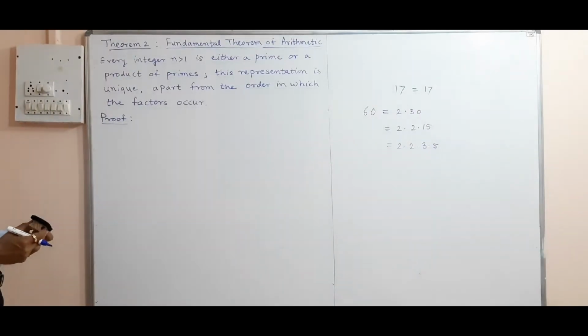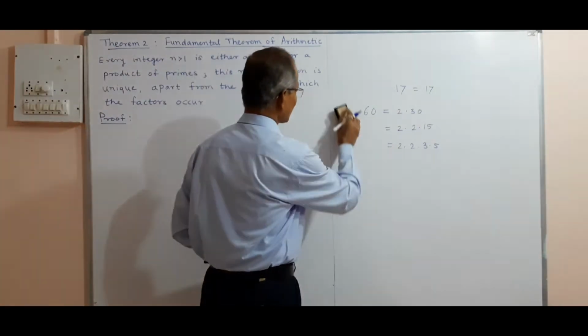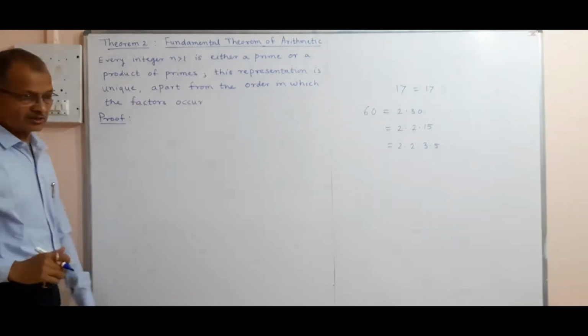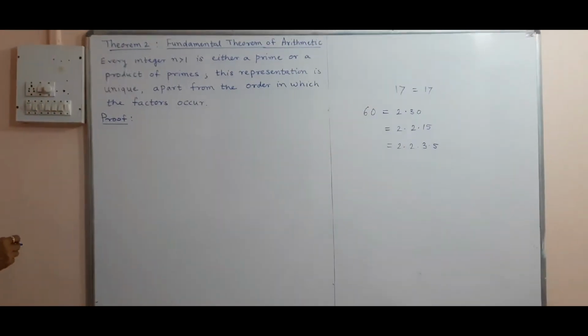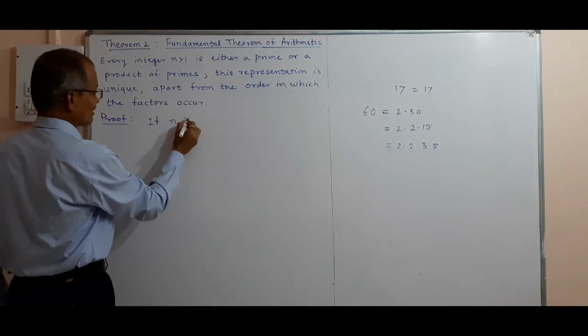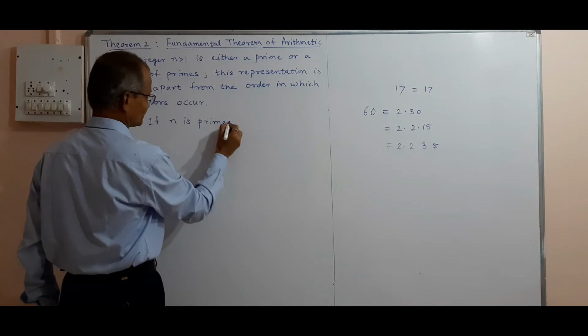So we shall now consider the proof of this theorem. Suppose n is a positive integer greater than 1. If n is prime, there is nothing to do.